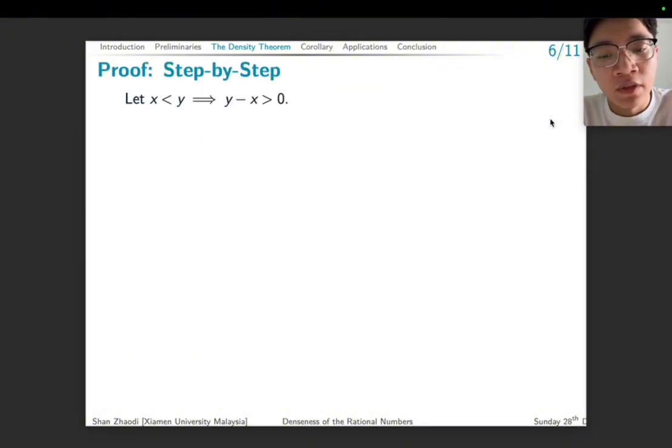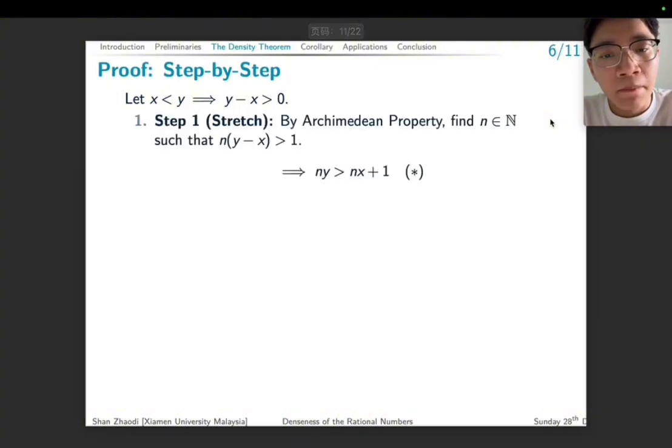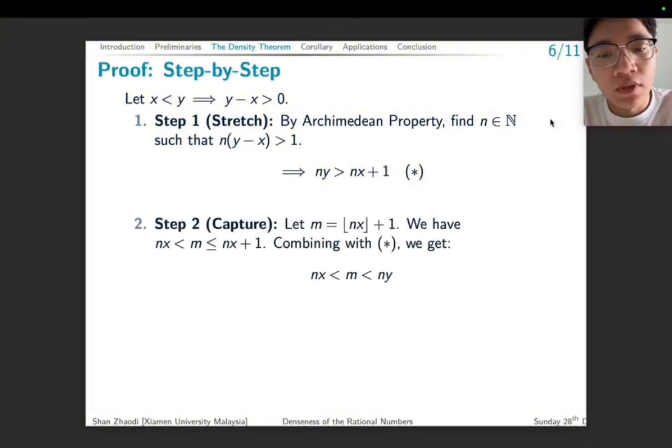Let's start. We assume x is smaller than y, so the gap y minus x is positive. By the Archimedean property, we can always find a huge integer n such that n times this gap is greater than 1. Then we construct an integer m strictly between nx and ny.